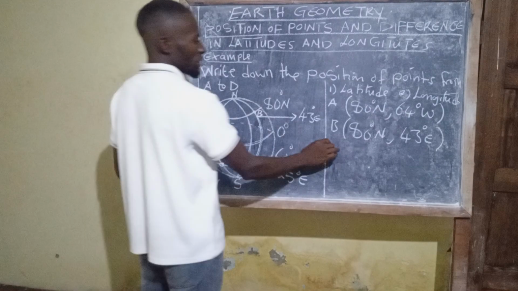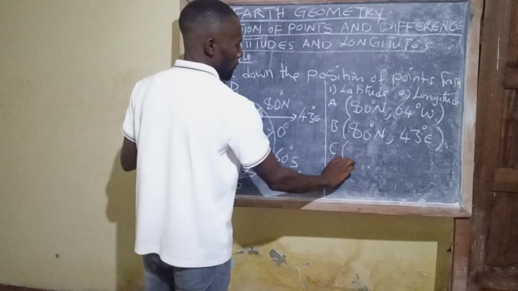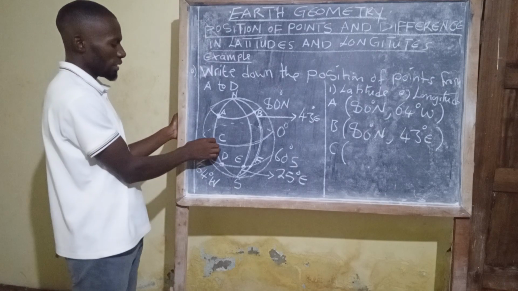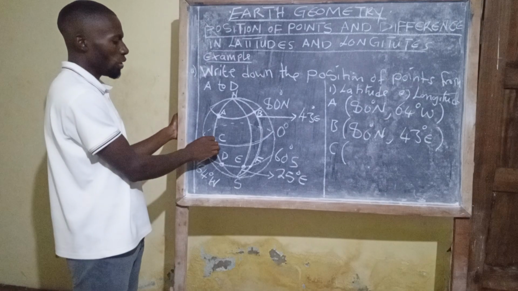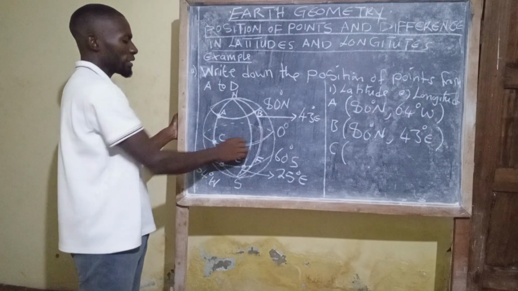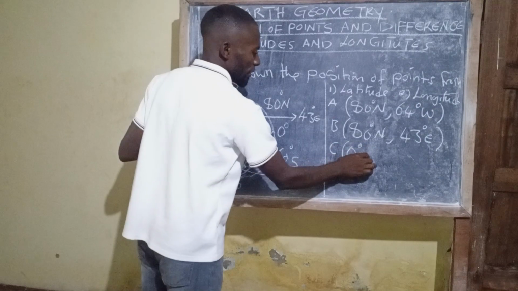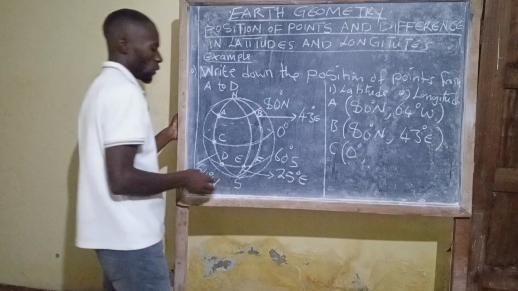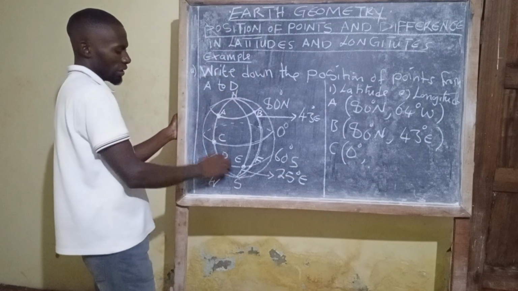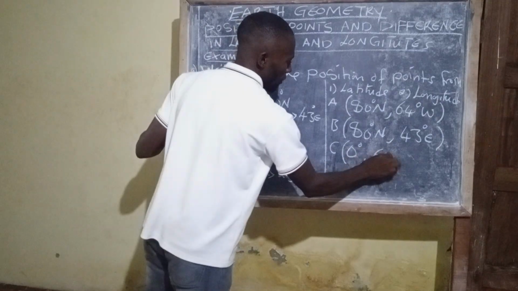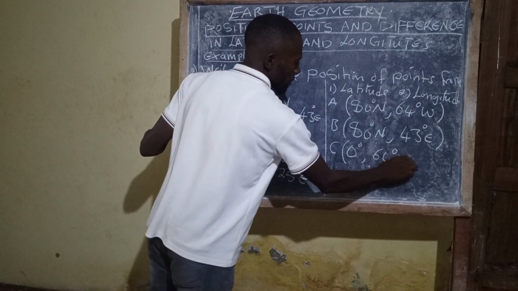Let's now look at position C. Position C is right here. Always you start with the latitude. Our latitude is 0 degrees, comma. What is our longitude? It is 64 degrees west.